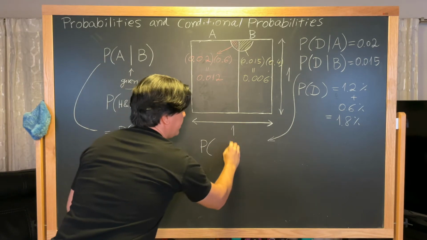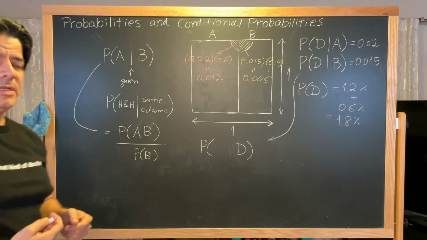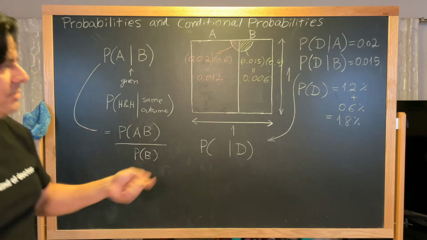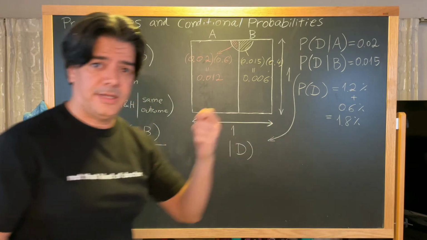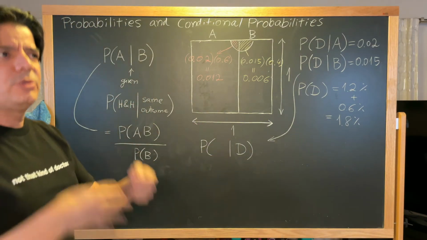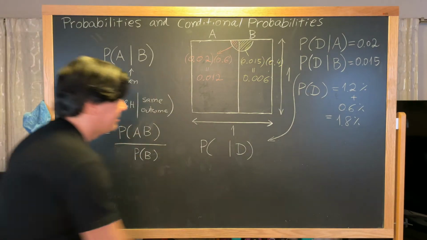If I pull a product at random, and I know the chance of it being defective is 1.8%, and let's say I pull the product and it is defective, what is the likelihood or probability that it was made by A, right?